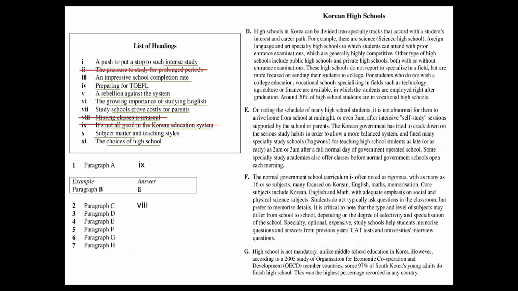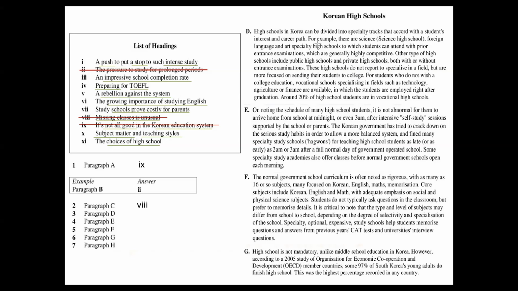Yeah, my answer for paragraph D is number 11, the choice of high schools, because it explains about several schools in Korea, like in the second sentence, for students who do not wish college education, vocational schools, especially technology.